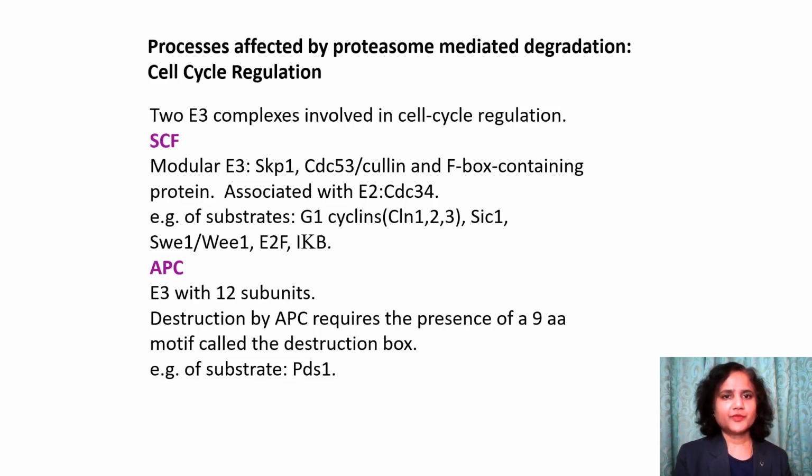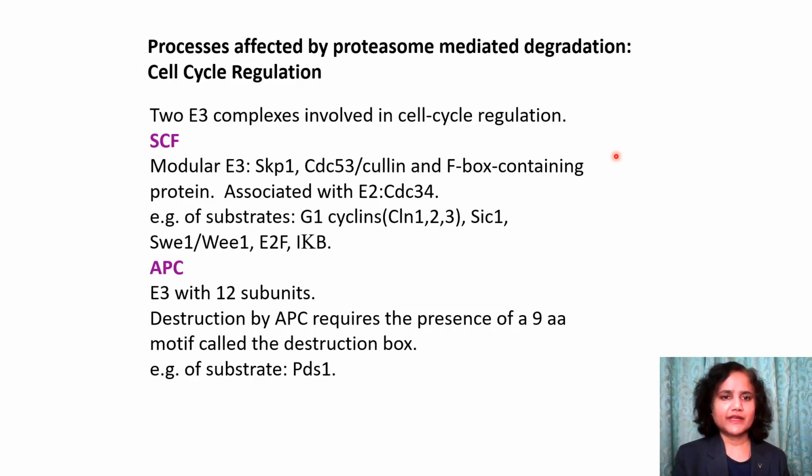So here are some of the processes of interest to us which are affected by the proteasome mediated degradation. Most important examples are there in cell cycle regulation. We referred to some of them in the previous lectures. For example, there are the 2 main E3 ligase complexes which are involved in cell cycle regulation. One is referred to as the SCF E3 ligase.